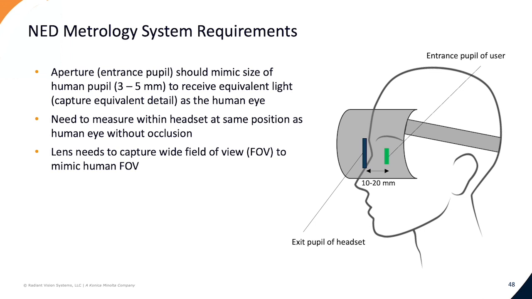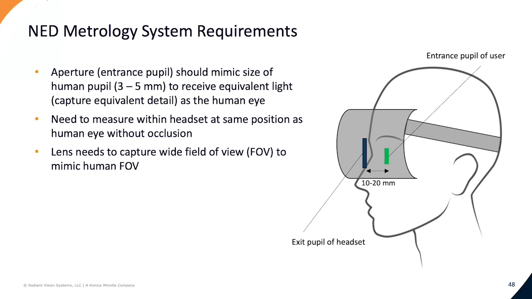Mimicking human perception results in a few specific requirements for AR/VR metrology systems, such as the aperture entrance pupil should mimic the size of the human pupil, which is approximately 3 to 5 millimeters in diameter, to receive the equivalent light as the human eye.